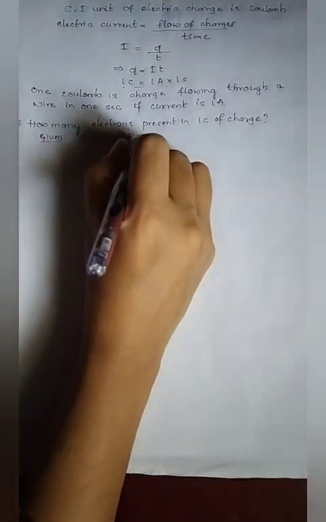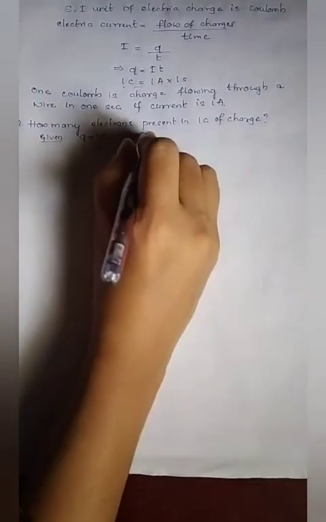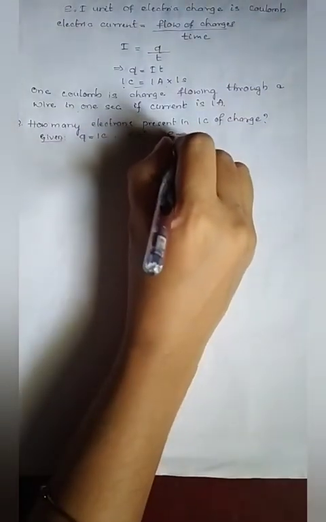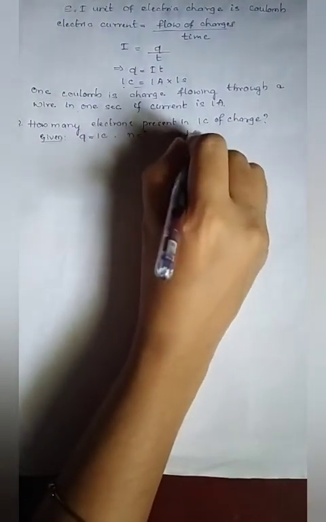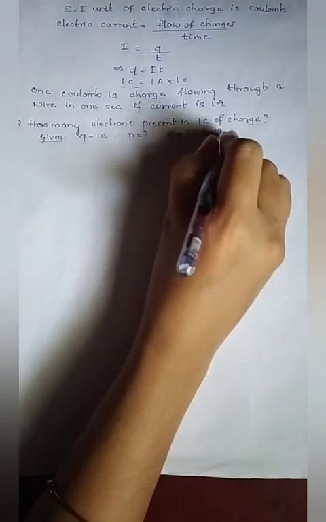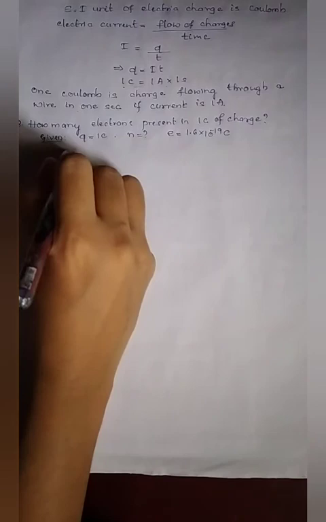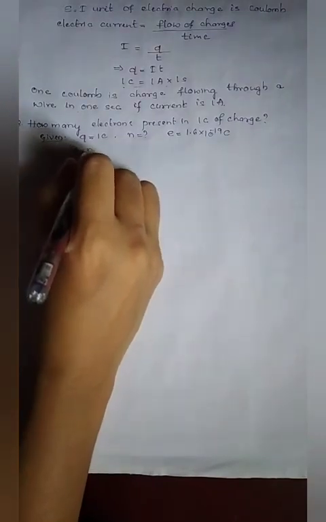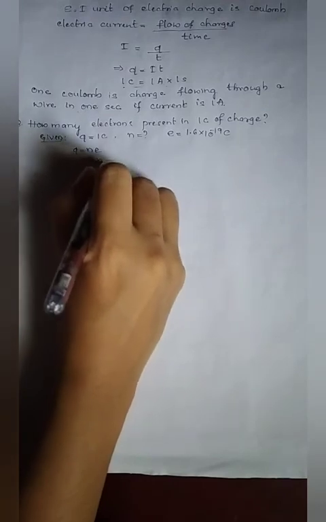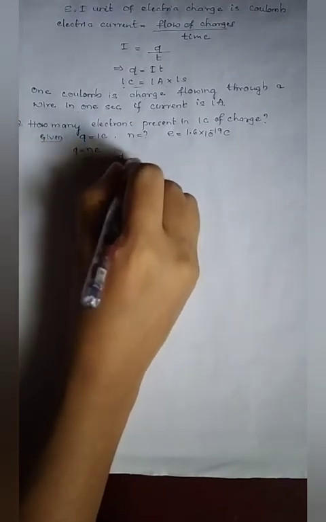You have to find N, the number of electrons. We know the value of elementary charge e equal to 1.6 into 10 raised to minus 19 coulomb. And also we know the formula Q equal to N into e. So this implies N equal to Q divided by e.